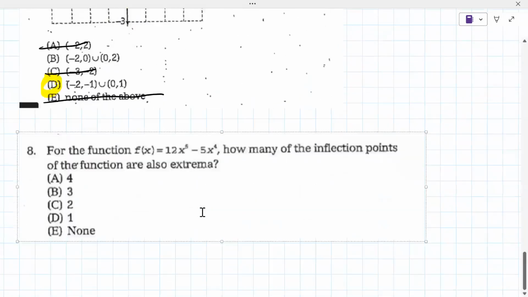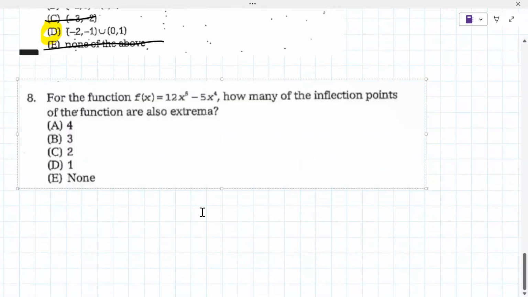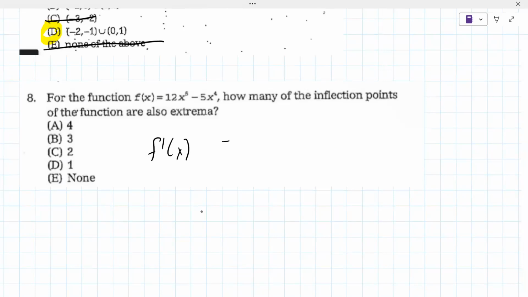Okay. All right, so go ahead and find the first derivative, set it equal to 0, and tell me what you come up with, please. Wait, the critical points or the inflection? Will extrema only occur at critical points? So on a continuous function?